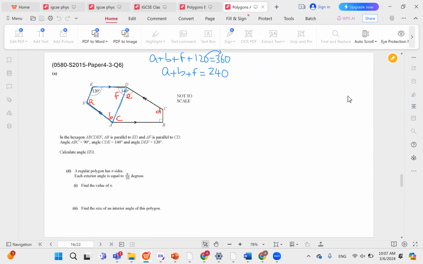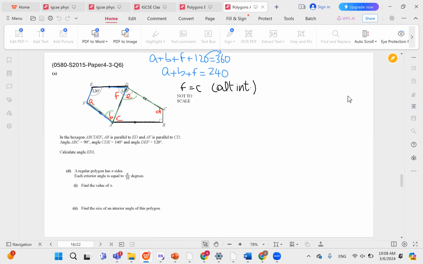Next, we want to use the parallel lines to construct other equations. First of all, let's realize that we have parallel lines here and there, and these form a Z shape like this. Therefore, one equation that we can write is that F equals C because of alternating interior angles. Furthermore, we also have DC parallel to AF, and therefore angle B equals angle E as well.